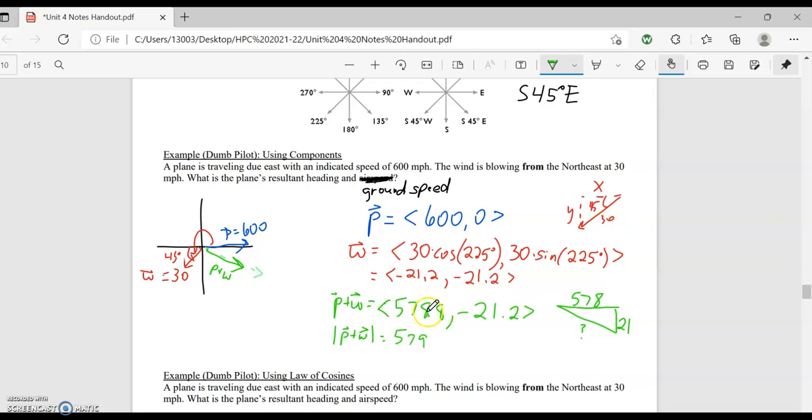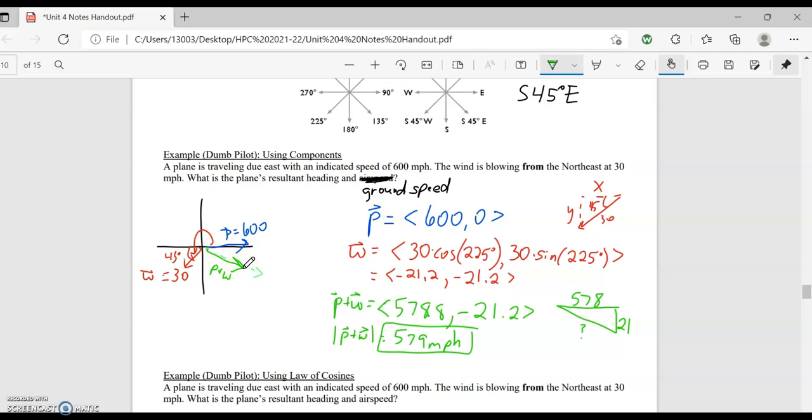Based on roundings, it does turn out that just taking the square root of such a large number plus another number and square rooting, it came out to just rounding up to 579 miles per hour. So there you have the resulting ground speed. So even though my speedometer says 600 in my airplane, on the ground, it would look like my shadow is only moving 579 miles an hour.